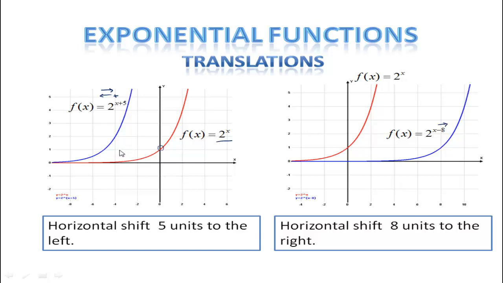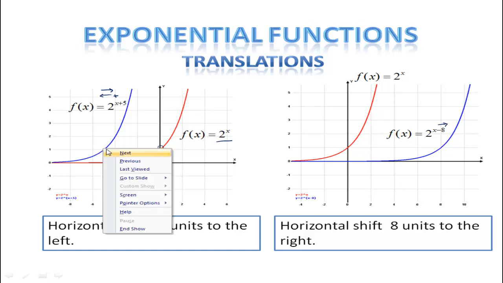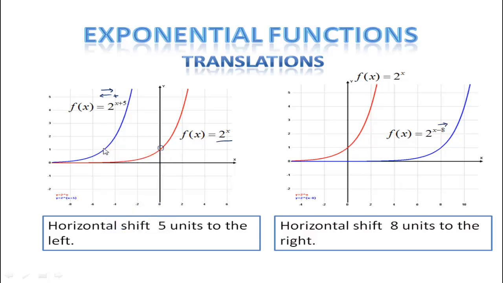Here's 2, 4, 5. There's the new place for your y-intercept. It's not a y-intercept anymore though, okay? It was the y-intercept for my parent function, but for this function, which is a translated function, this point moves 5 units. And then you can sketch your graph, okay, including that point.